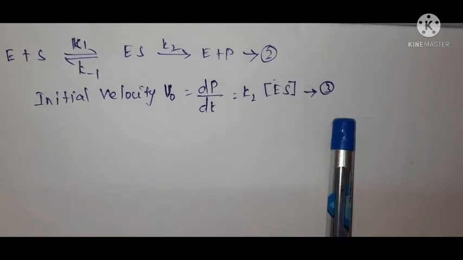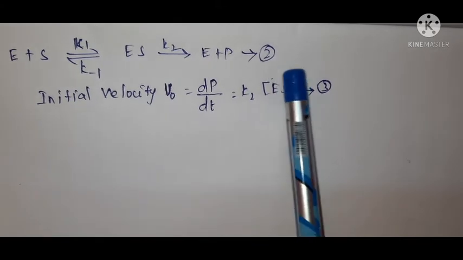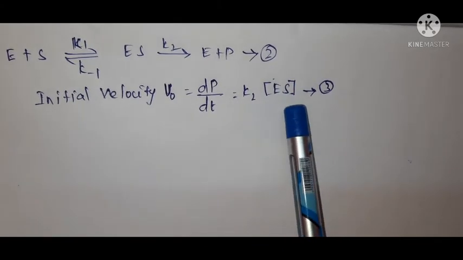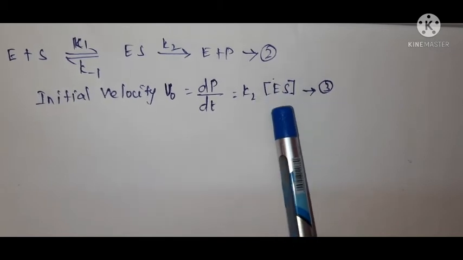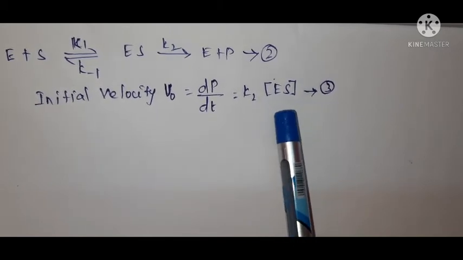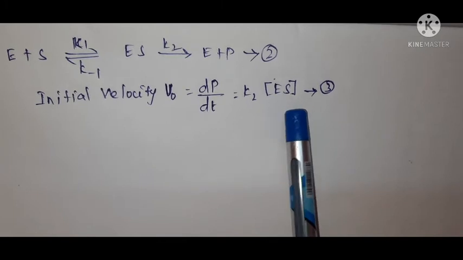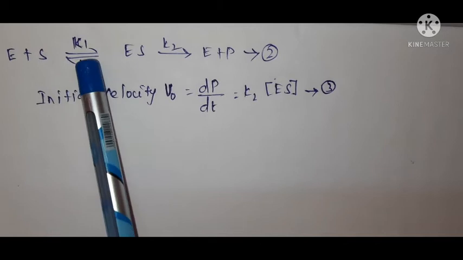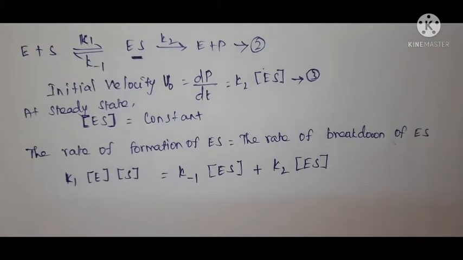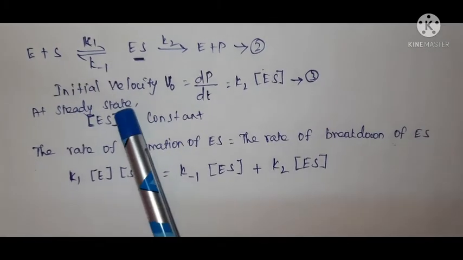In equation 3, the concentration of enzyme substrate complex is not measured experimentally. So we have to replace this term with easily measurable quantities, that is the total enzyme concentration and the initial substrate concentration. So Briggs and Haldane made an assumption that is called the steady state assumption.